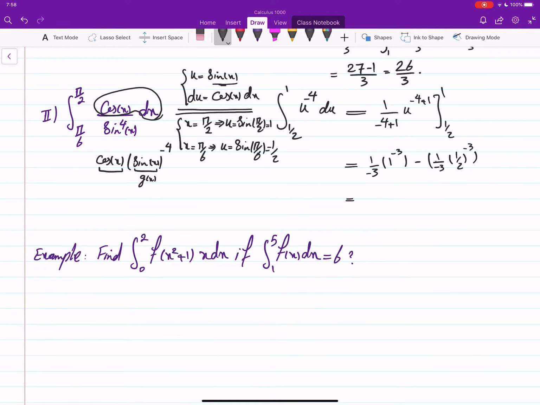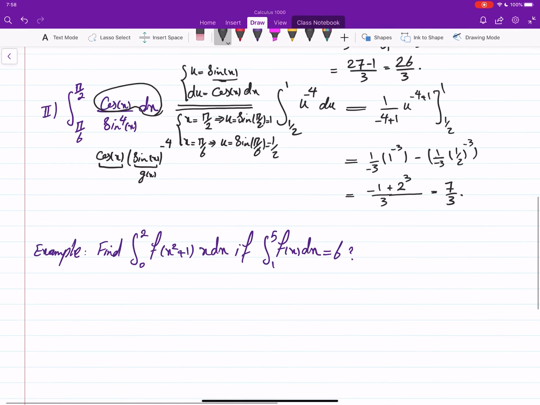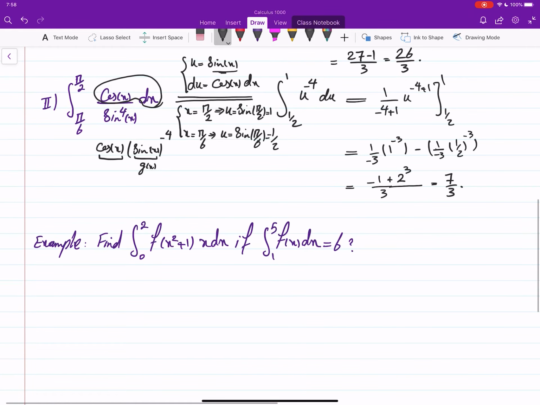So this way we have negative 1 and then plus 1 over 2 to the power negative 3, which is 2 to the power 3, which is 8. 8 minus 1 is 7 over 3. Okay? So that's how we apply substitution to a definite integral and solve it and find the final solution.